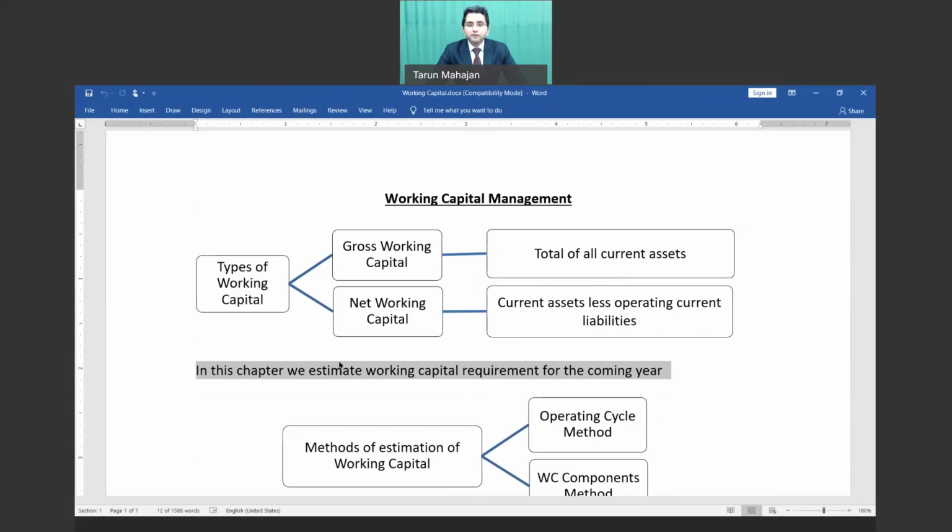You know, if we forecast and we know that next year's working capital requirement will be 20 crore rupees, while current year it is only 15 crore rupees, so I can make arrangement of remaining 5 crore rupees. I can go and talk to a bank, I can go and talk to financiers that next year I'll need 5 crore rupees more. Why do you forecast working capital in this chapter?